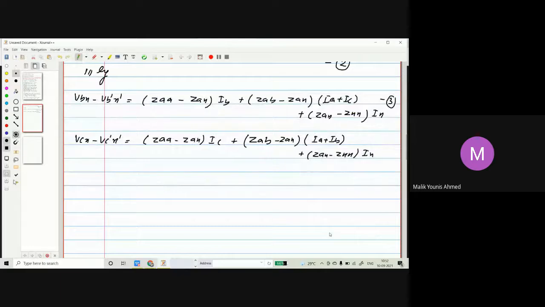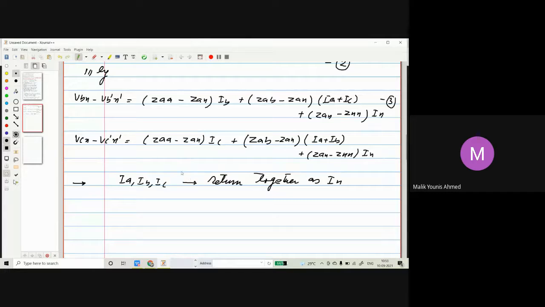Now what we have, when the line currents IA, IB, IC return together, because now these currents are unbalanced currents. So when they will return together as IN in the neutral conductor, because unbalanced conditions are there, so IN will come into the picture.